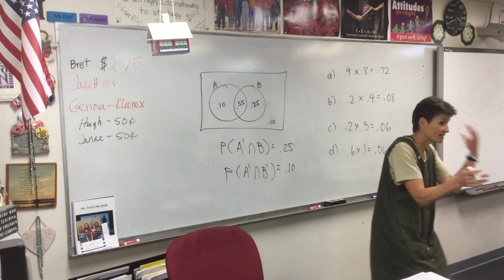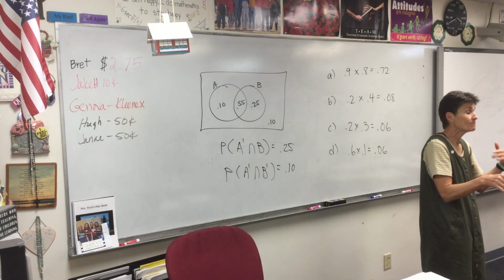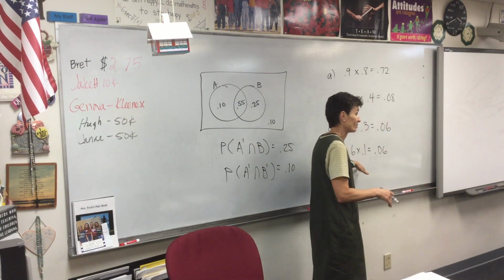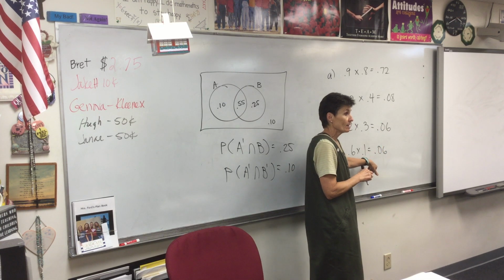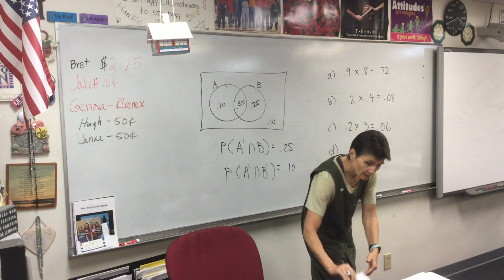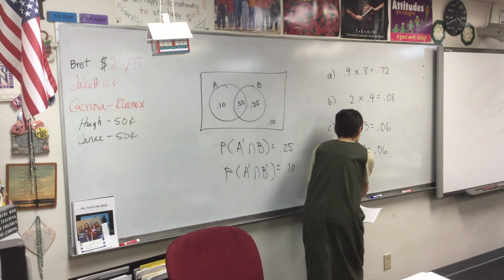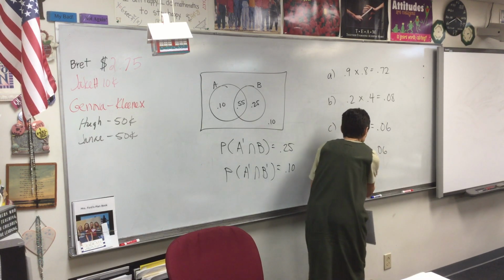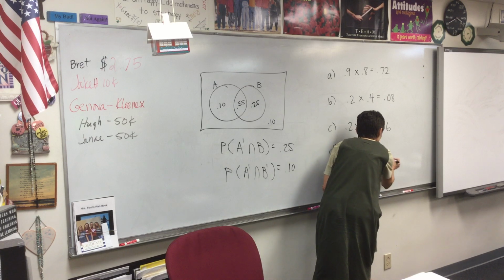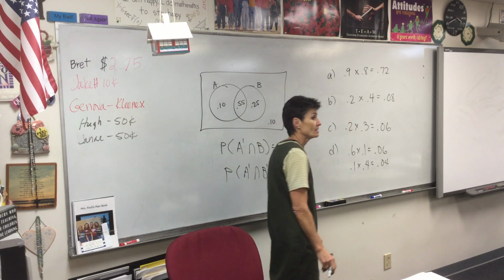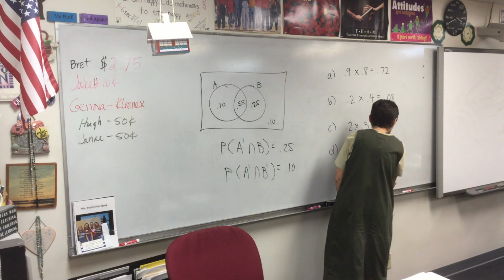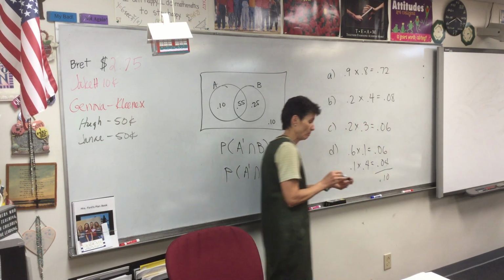Or it could be either way, right? Doesn't matter. I just need a math and an art. So this would be class 1 math, class 2 art. It could also be class 1 art and class 2 math. So that would be 0.04. Then you add them together, and the answer is 0.10.